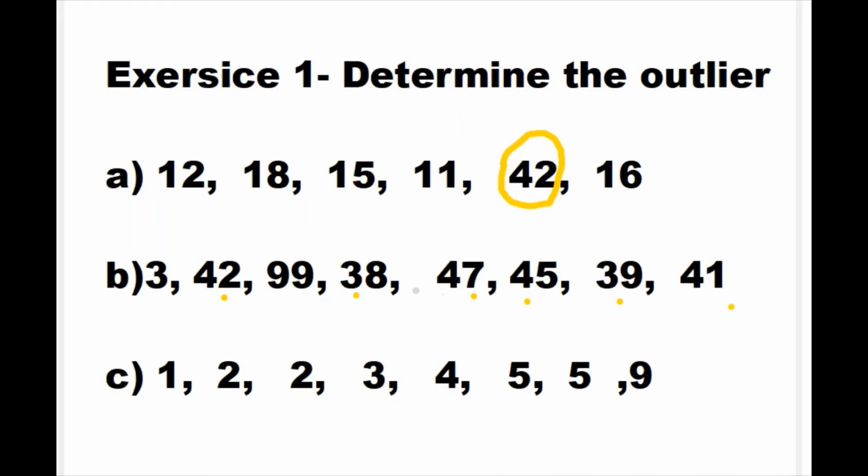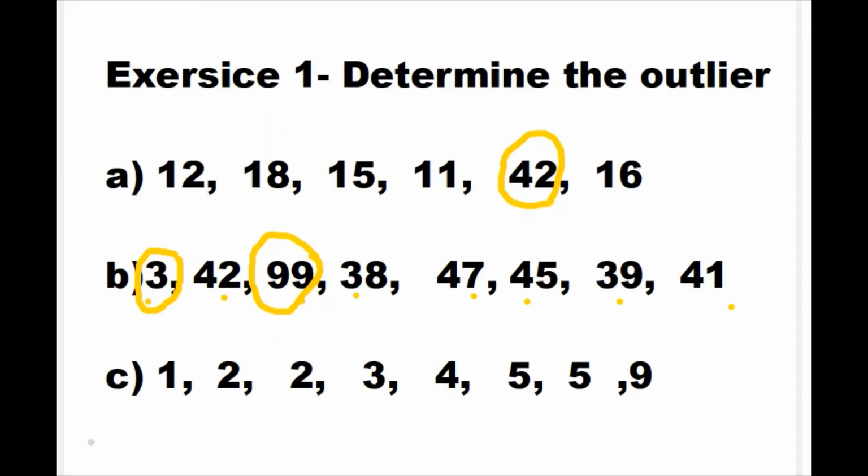Then we have two numbers that are not very close to 40, which are 3 and 99. So these will be our outliers because 99 is much larger than the other numbers in the sequence, and 3 is much smaller. The rest of them are close to each other, in the same range.